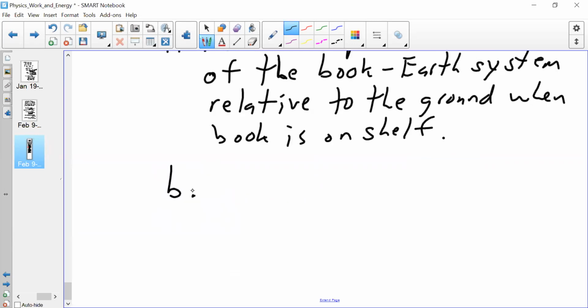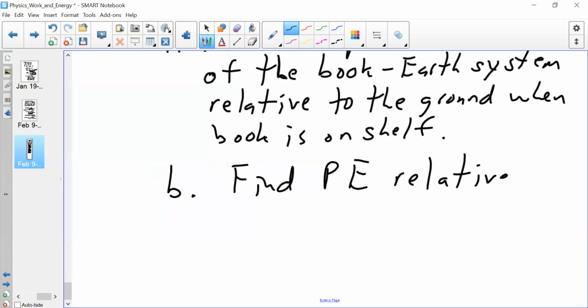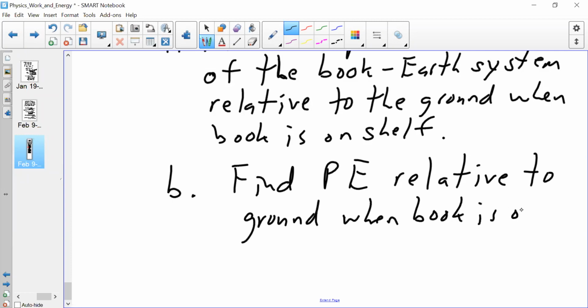Second one would be, find PE of the book Earth system relative to ground when book is on the desk.